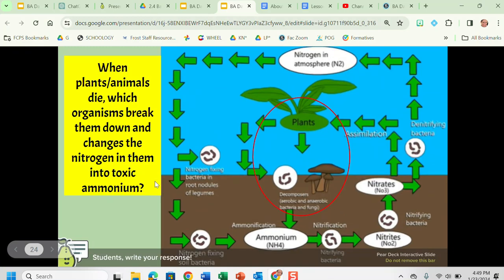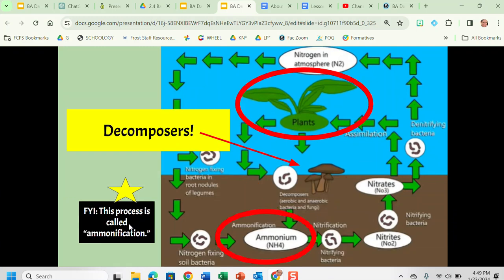When plants or animals die, think about this. Which organisms break them down and change the nitrogen in them into toxic ammonium? Decomposers do it. We have fungi and bacteria breaking down dead plants and animals.